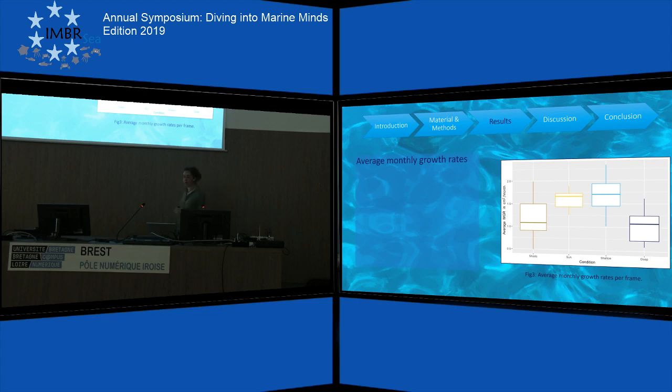You see overlapping ranges, so t-tests were conducted for pairwise comparison of the conditions for the two factors. It shows that the shade and sun conditions present statistically similar results, whereas the shallow and deep frames results highlighted a significant difference, with the deep frames growing slower than the shallow ones.